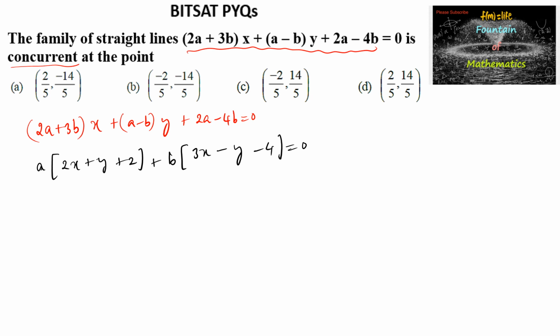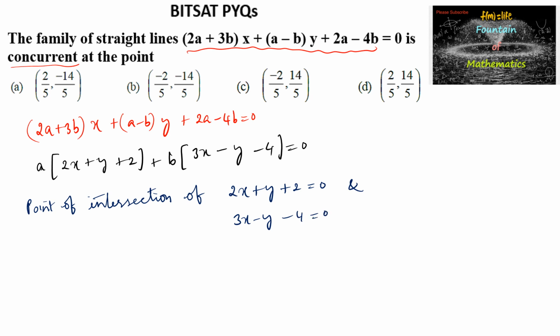And since this is a family of straight lines, all these lines are passing through the point of intersection of two lines: 2x + y + 2 = 0, and another equation 3x − y − 4 = 0.